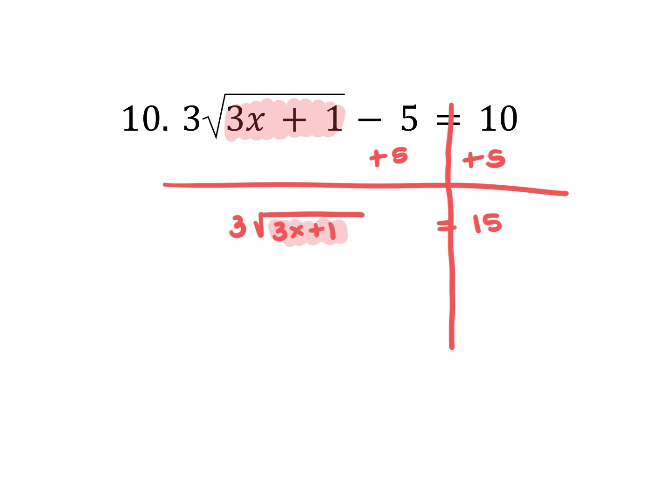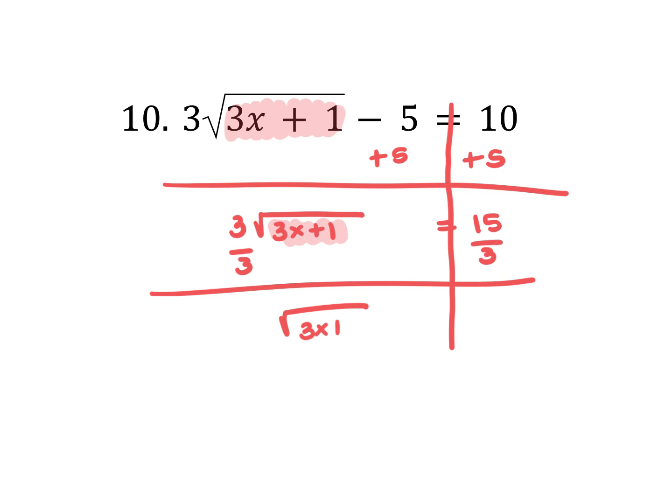So I still need to get rid of that 3 times. I'm going to divide by 3, divide by 3. So I still have the square root of 3x plus 1, and 15 divided by 3 is 5. That's under the radical, so I'm going to square this side and square the right side too. That gets rid of the radical.